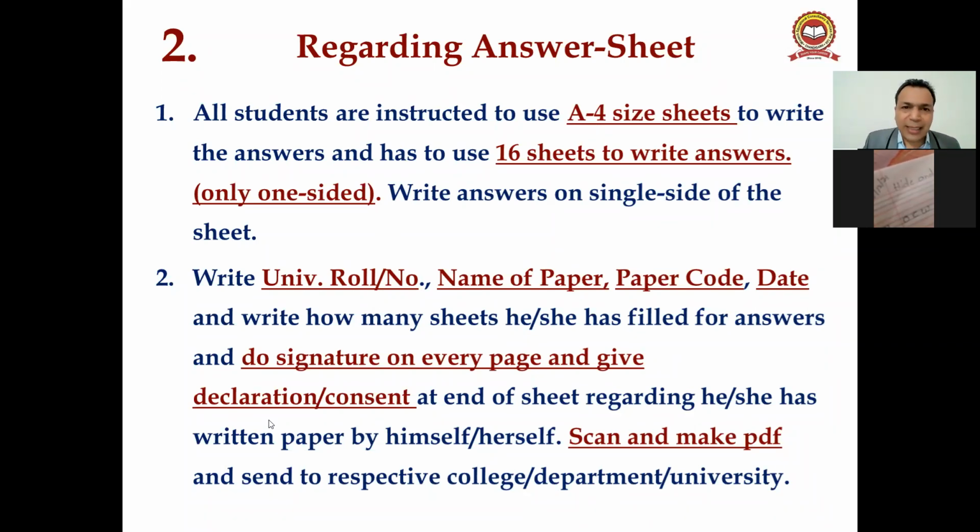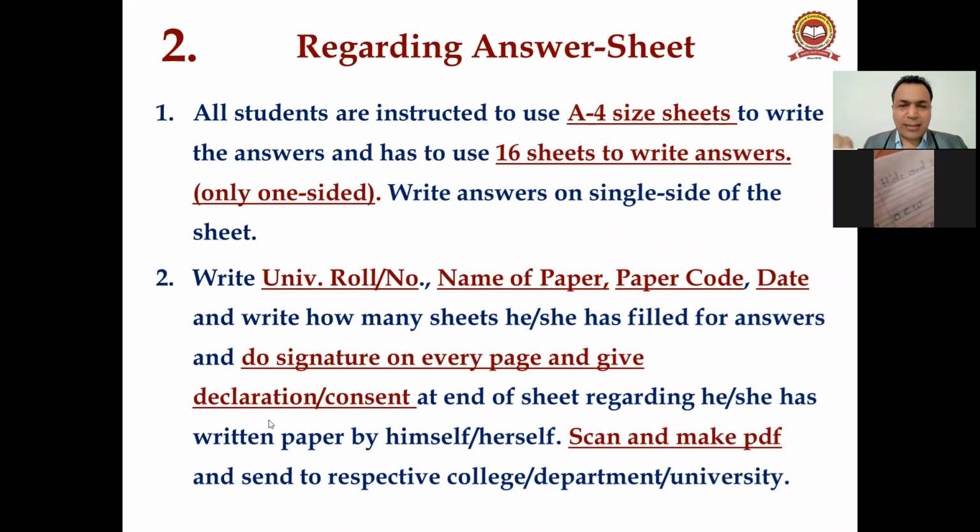Second, you have to write your university roll number, name of the paper, paper code, date on which you are giving the exam, how many sheets you have filled for the answer, and sign on every page and give a declaration. For example, you have the 16-page answer sheet, which will be sent by your respective college or department before your final exam, right, guys?